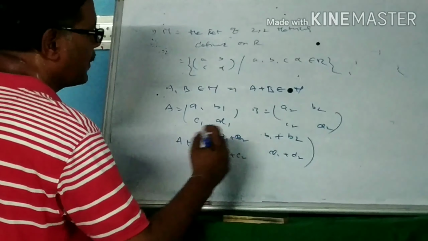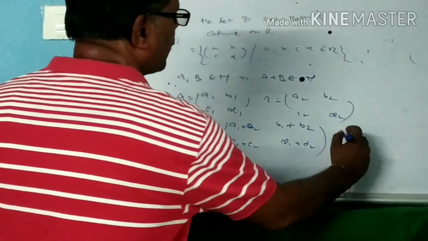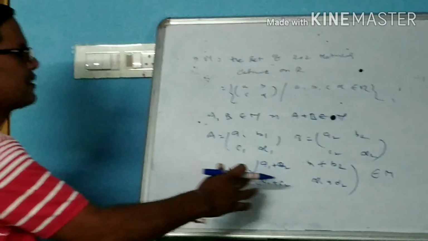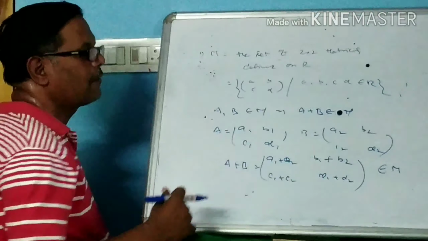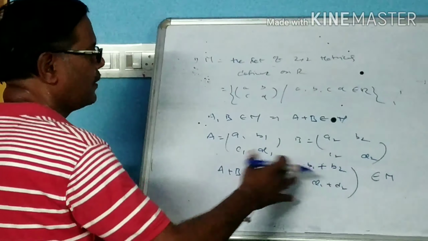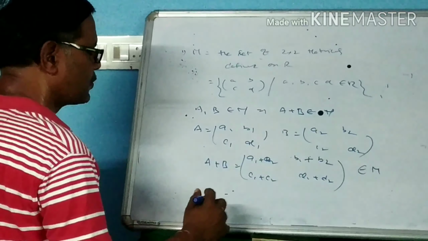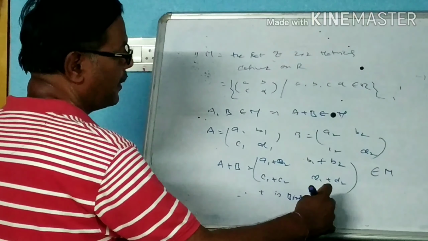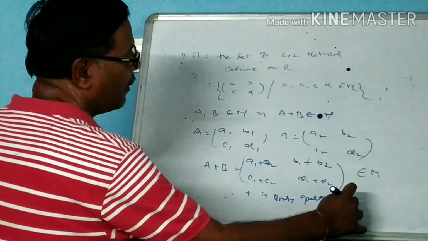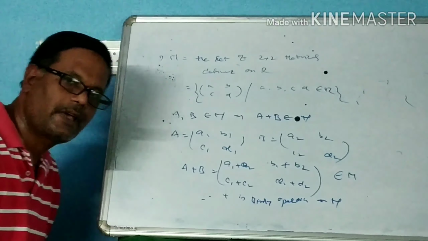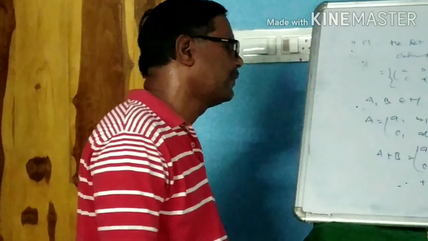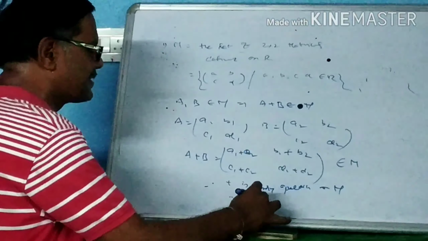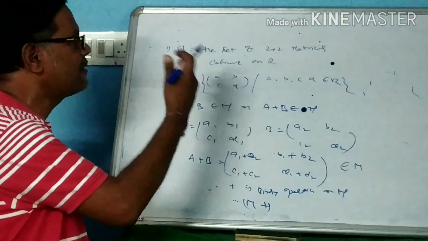Here a1 plus a2 belongs to R, b1 plus b2 belongs to R, c1 plus c2 belongs to R, d1 plus d2 belongs to R. Hence this matrix also belongs to M. Therefore, plus is a binary operation on M. Therefore, (M, plus) is an algebraic structure.